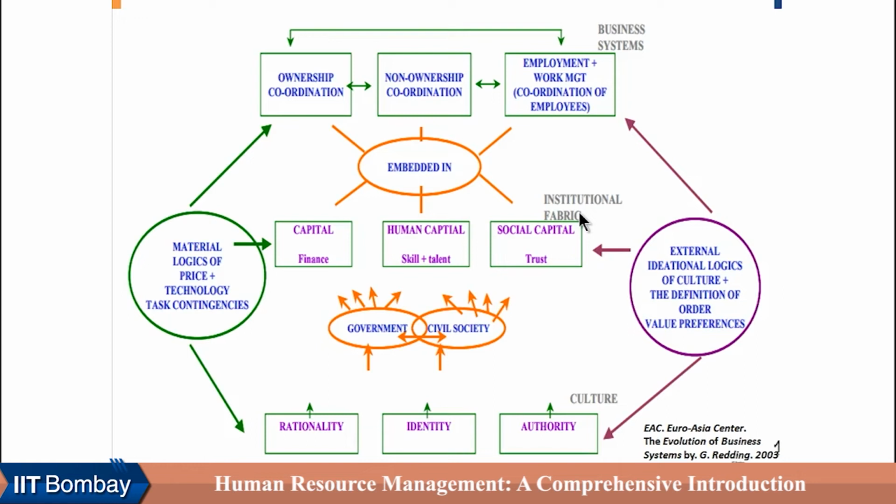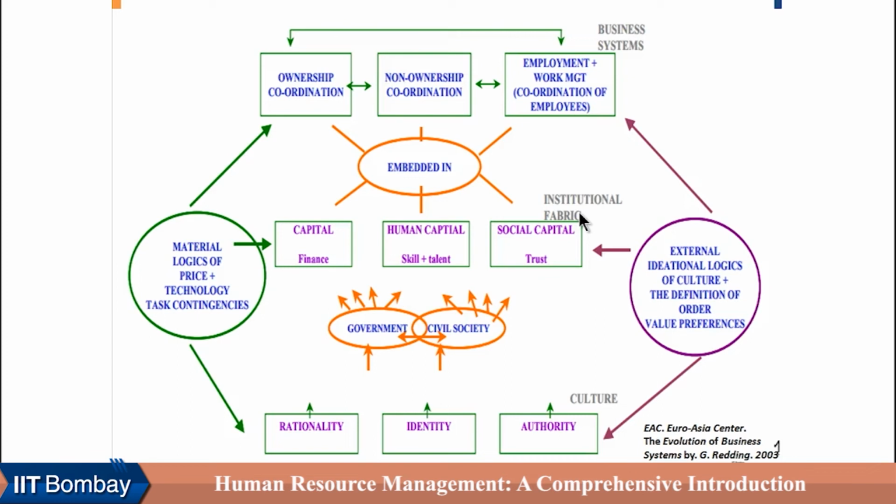So, we need to understand the business system, and the first part, the top 3 elements, are business systems, the most apparent aspects of the business system, like ownership, non-ownership coordination, employment, work management. These are the most evident aspects of the business system.